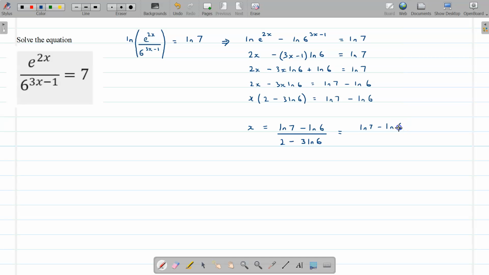And if it didn't want a number in front of the log, it would be 2 minus log 216, because that's 6 cubed. And there could be other ways of writing it that the question required.